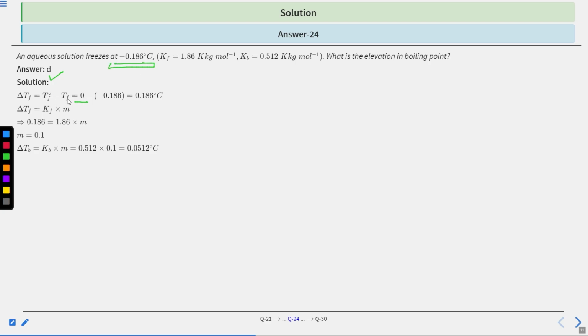So TF naught minus TF is 0 minus of minus 0.186. Minus will become plus, and 0 plus this will be 0.186.